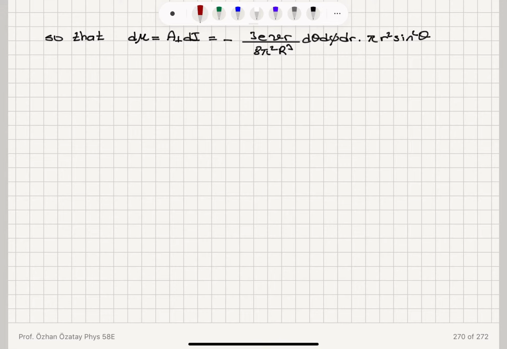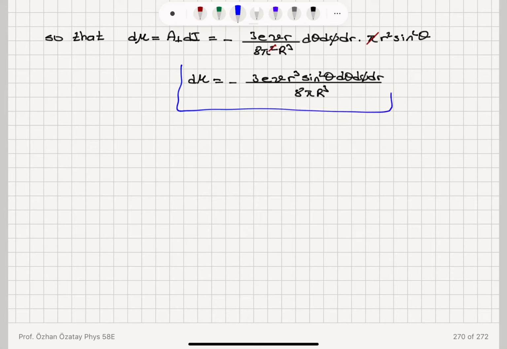And as you can see, one of the pi's will disappear here, and we will find the contribution to the magnetic moment d mu to be minus 3e v r cubed sine squared theta d theta d phi dr divided by 8 pi capital R cubed. So this is the magnetic moment due to this small current loop.